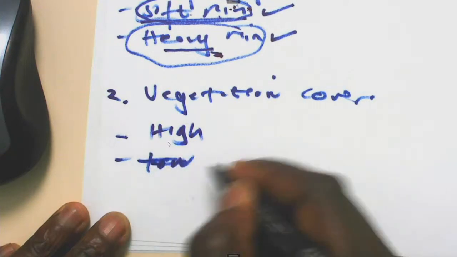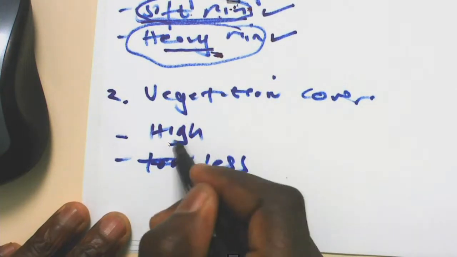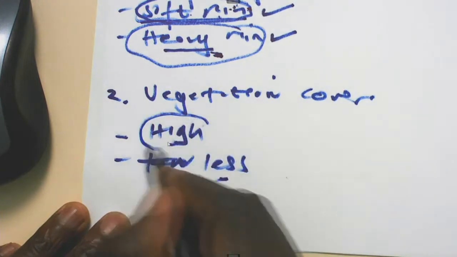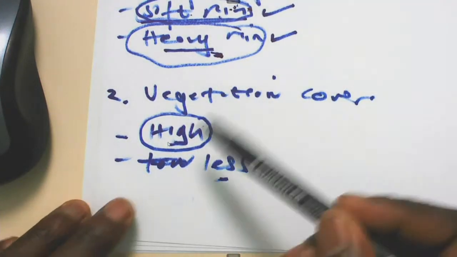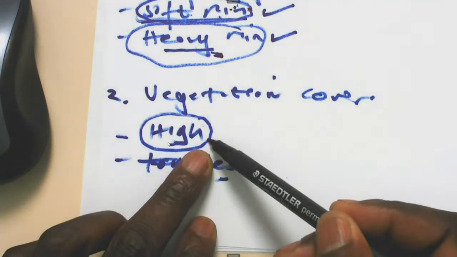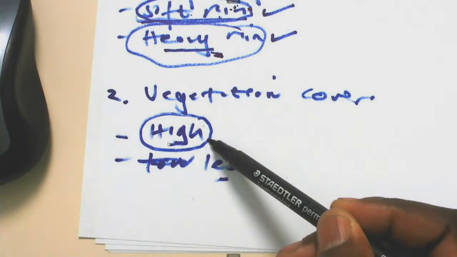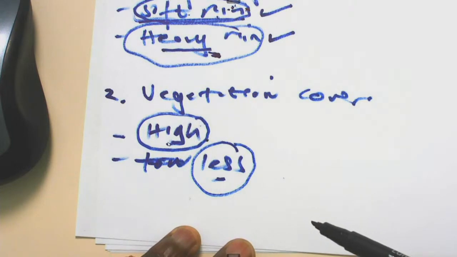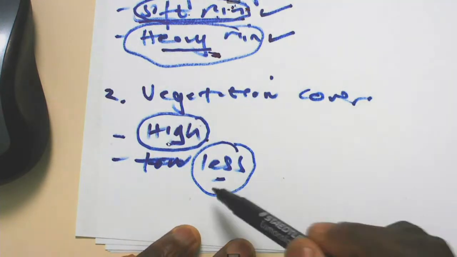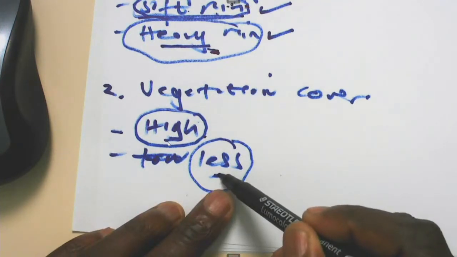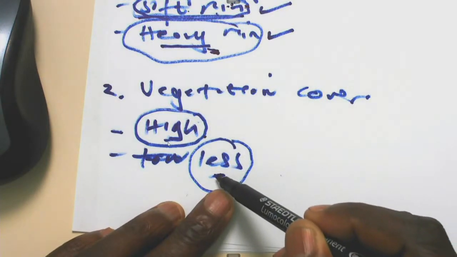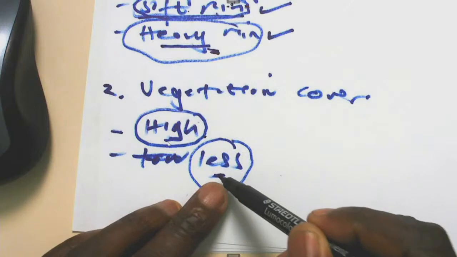If the vegetation is high, then obviously it will help to absorb water. But if there's less vegetation cover on the land surface, then obviously there will be more surface runoff and also less infiltration.